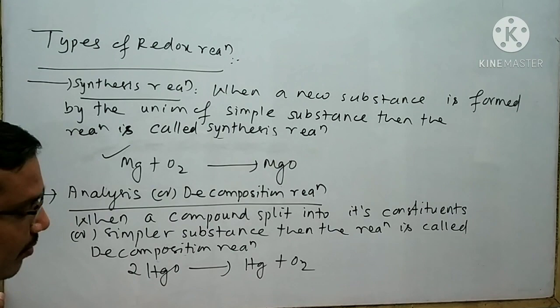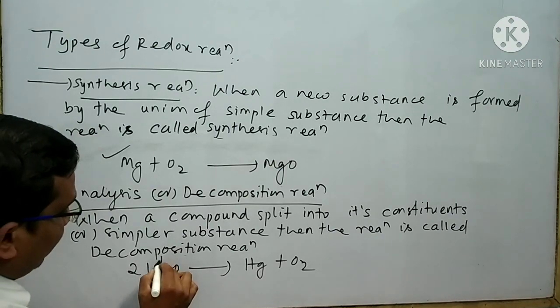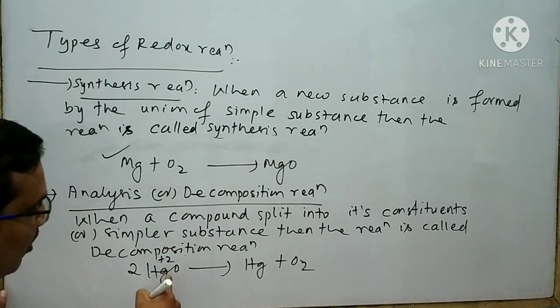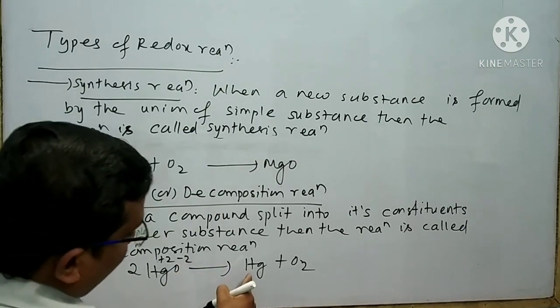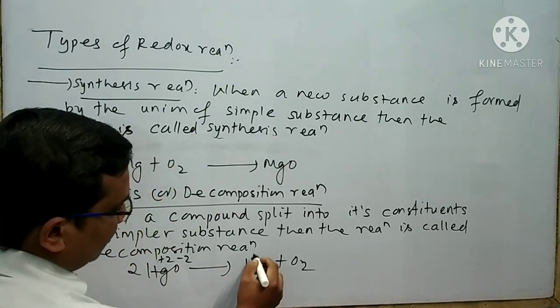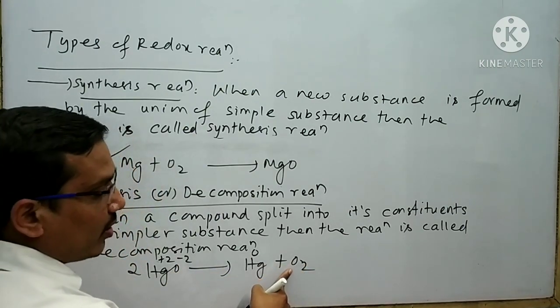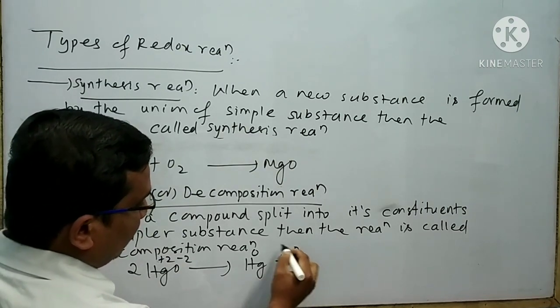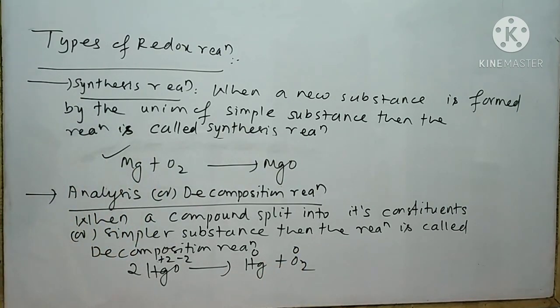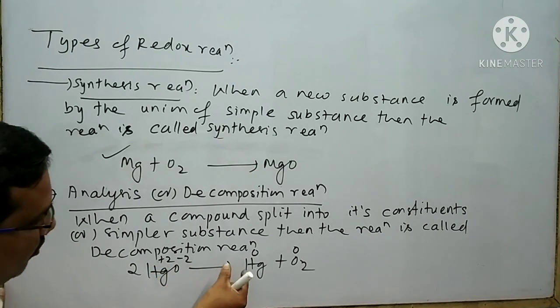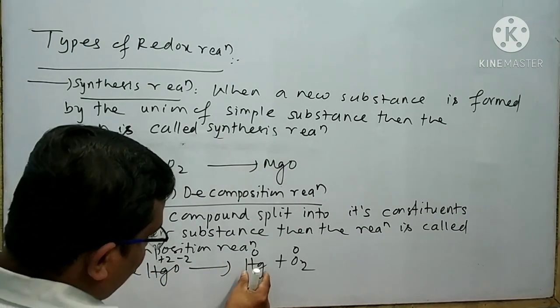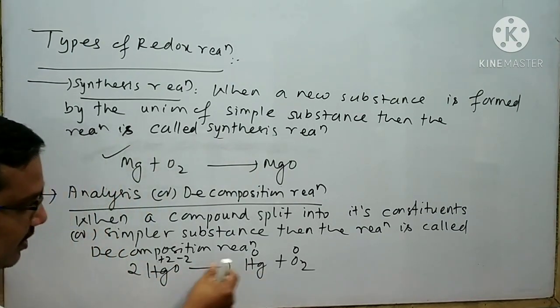Here the oxidation number of mercury is +2. Here the oxidation number of oxygen is -2. Here the oxidation number of mercury is 0. Here the oxidation number of oxygen is also 0. In this reaction, Hg+2 undergoes reduction and forms Hg.